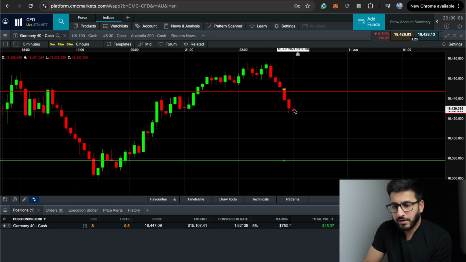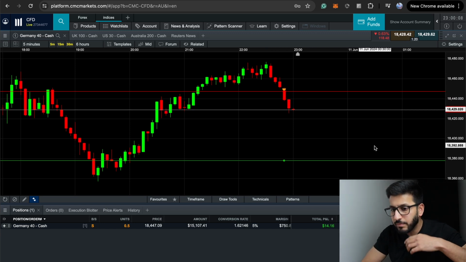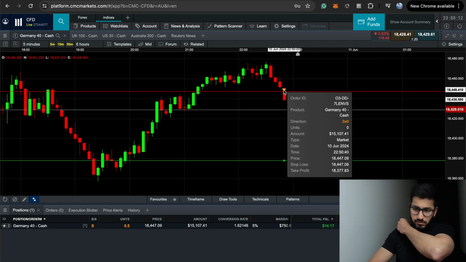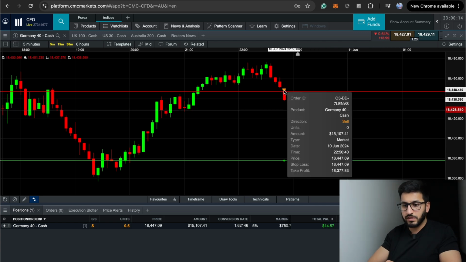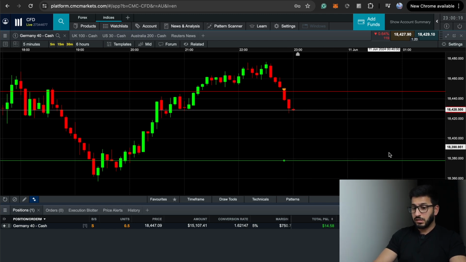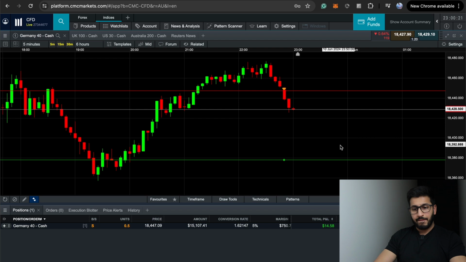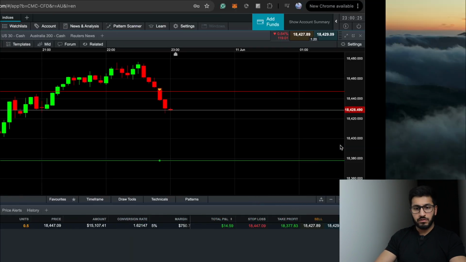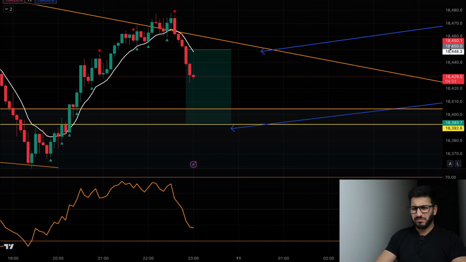Price could come there, grab the liquidity, and then we'll see. That's there. 18447 is my entry. Obviously, you can see there. I've closed about 0.5 of my position. That is 50% of my position.